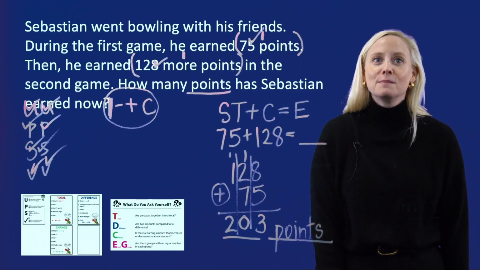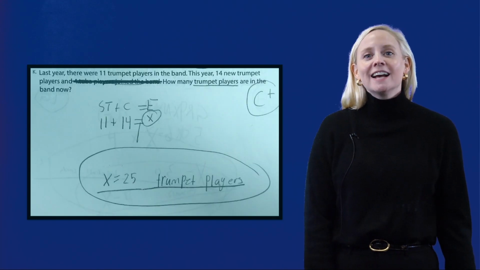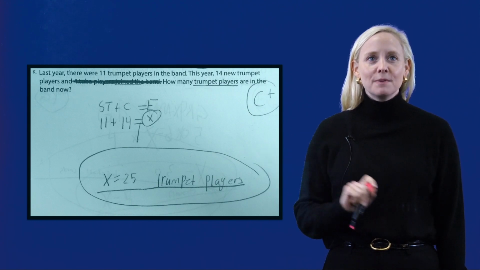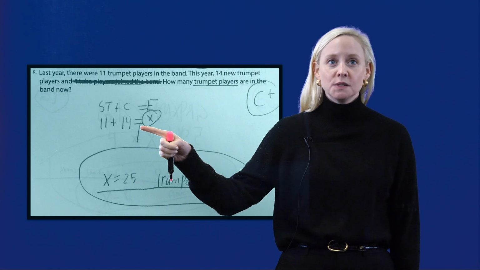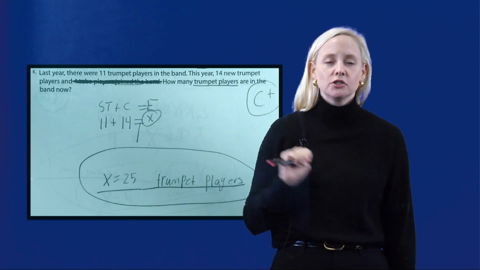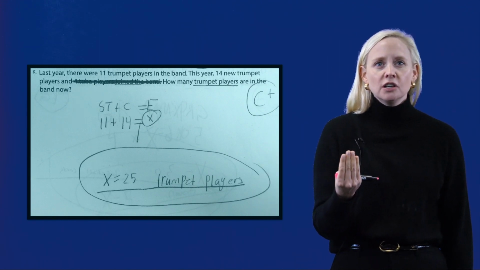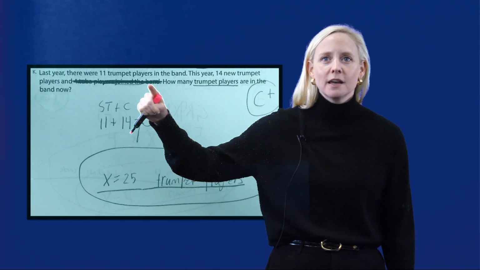Really wonderful job solving this change problem with a missing end amount. So before we take a look at another example, here's an example of student work where the student solved for the missing end amount. They used X. You can use blank, but you can see here it says last year there were 11 trumpet players in the band. This year, 14 new trumpet players. And it says some tuba players joined the band.